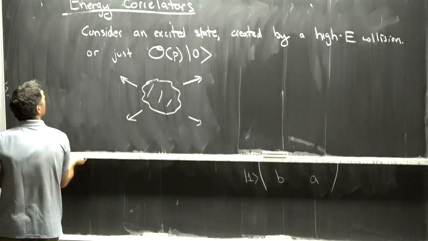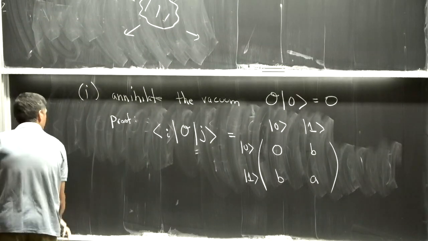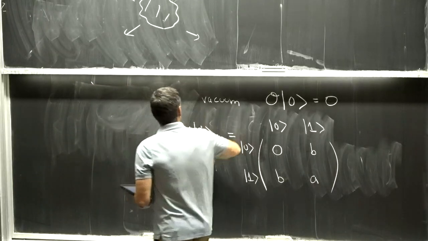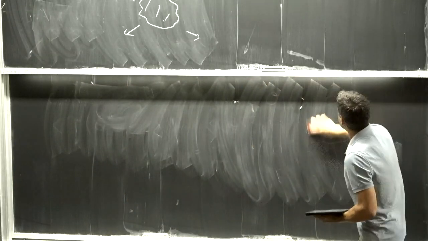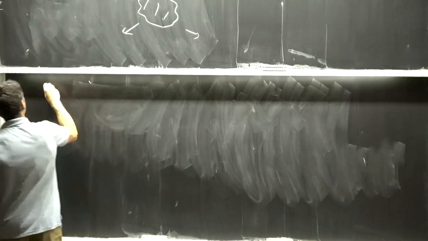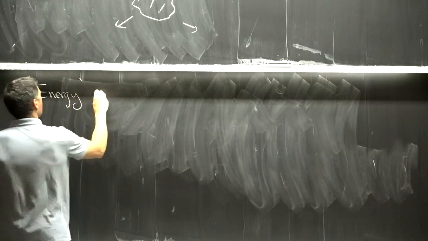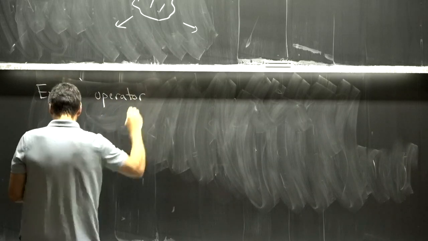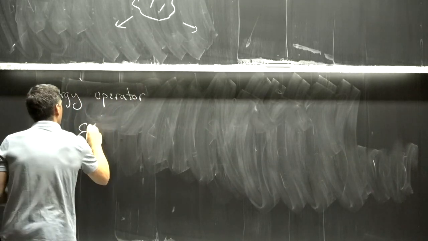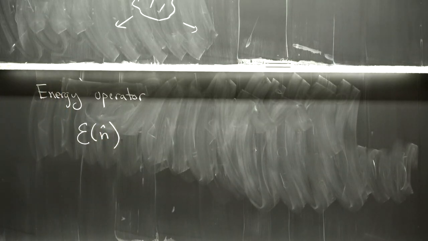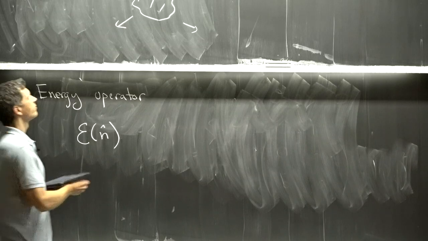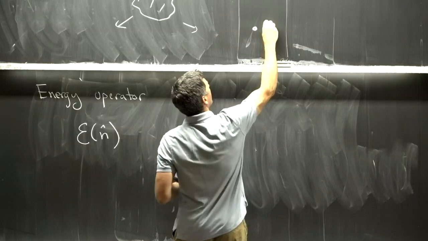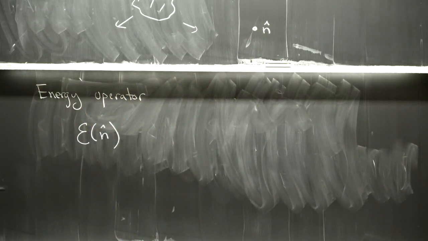The energy operator E of n hat is the operator that measures, so imagine you're doing an actual experiment, you have a bunch of calorimeters set up around your experiment, and you have a calorimeter at each unit vector on the 2-sphere, that's n hat.